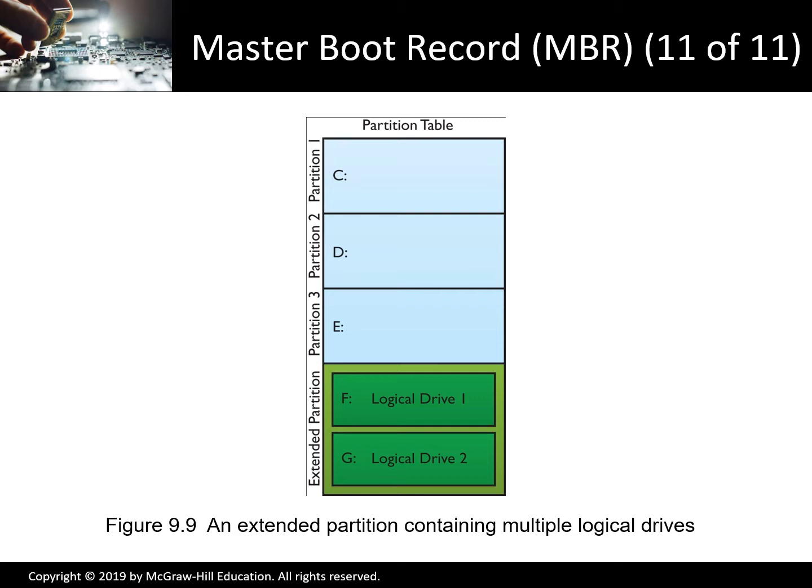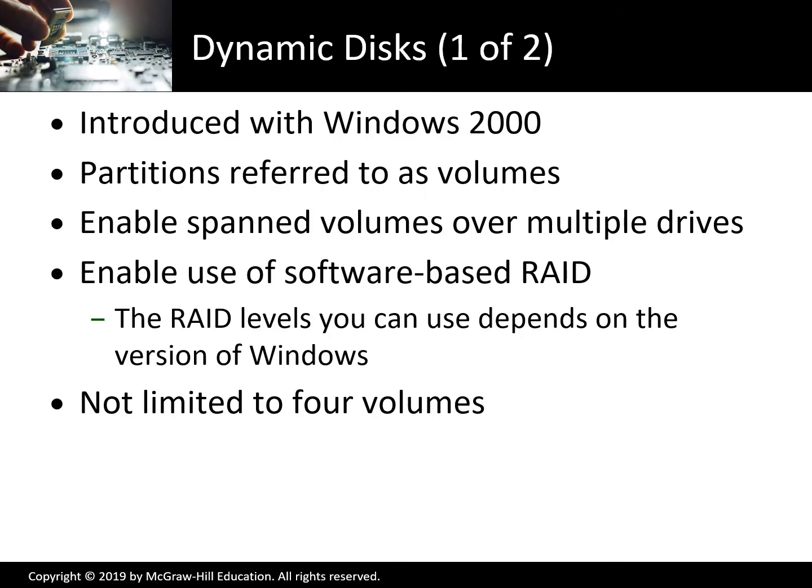Again, we're coming up on something new. And that was the introduction of Windows 2000. We went from how we look at partitions, from partition to volume, and you could have spanned volumes over multiple drives. Now, this was a big one.